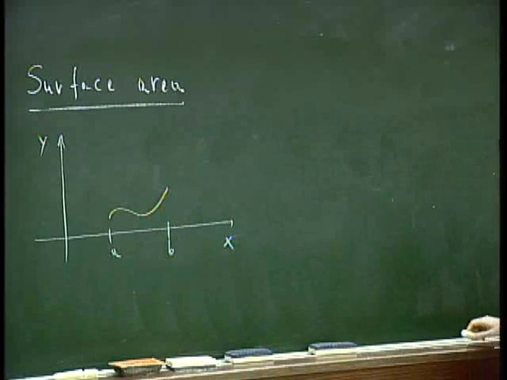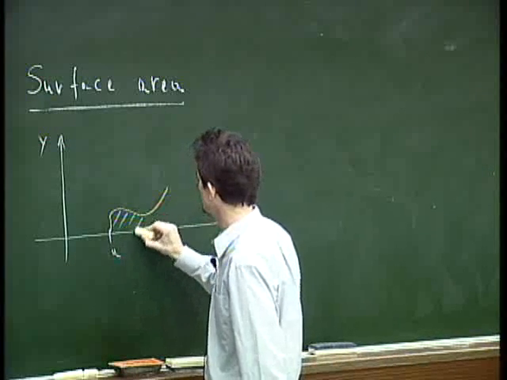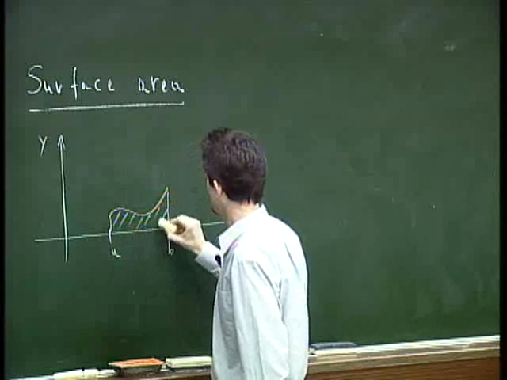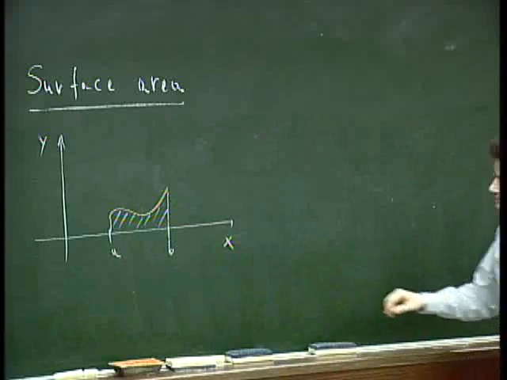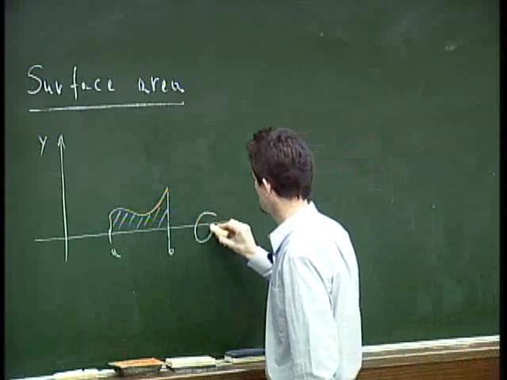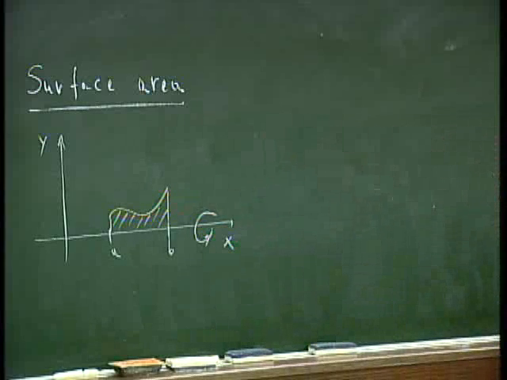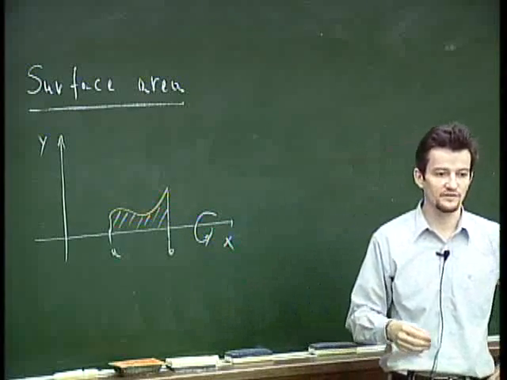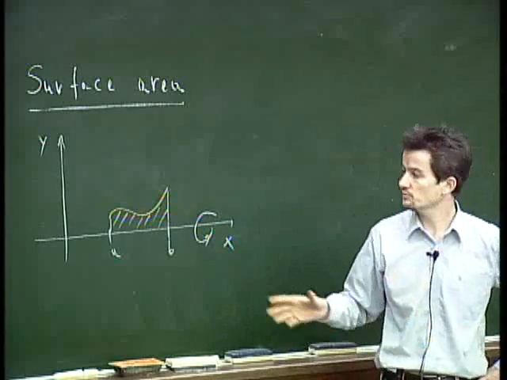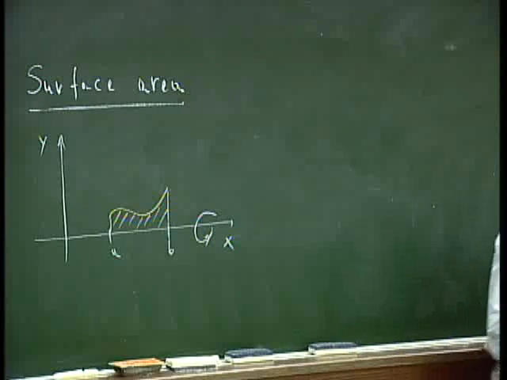Now we look at this region here, as we have done before, and we rotate it about the x-axis, like this. What we get is a solid of revolution. Previously we were concerned with finding the volume. Now what we want to find is the surface area of the resulting solid of revolution.